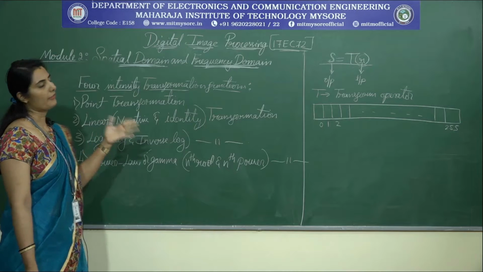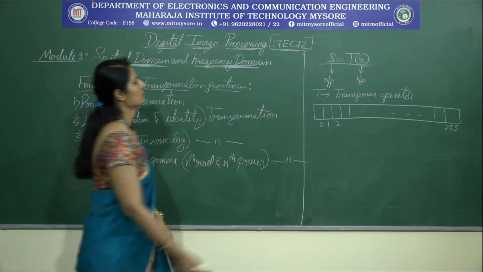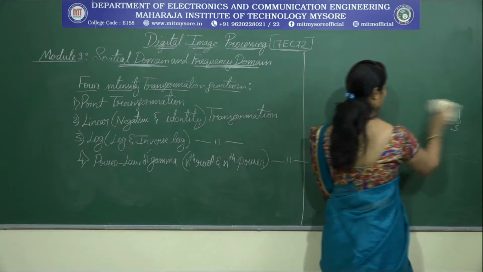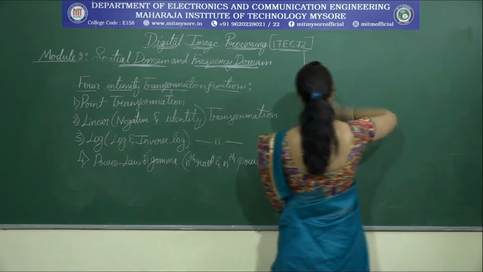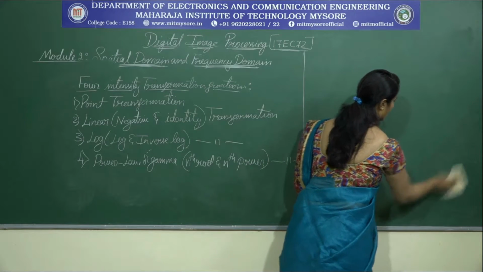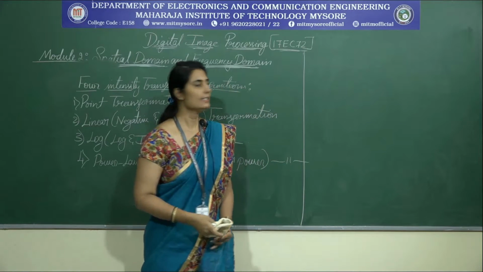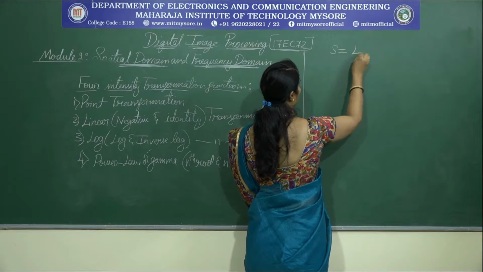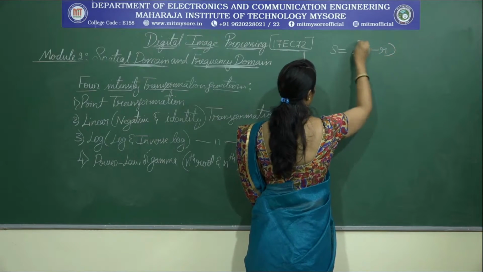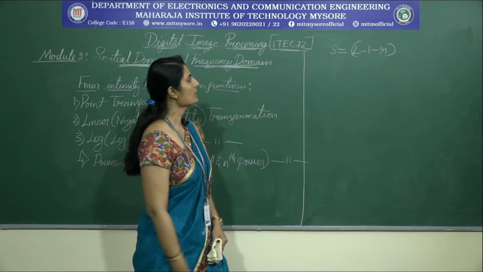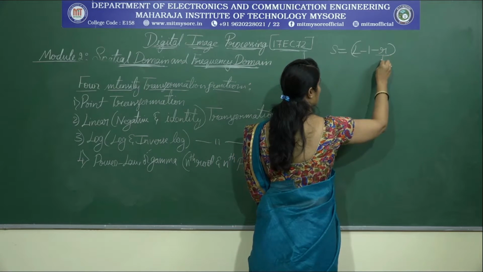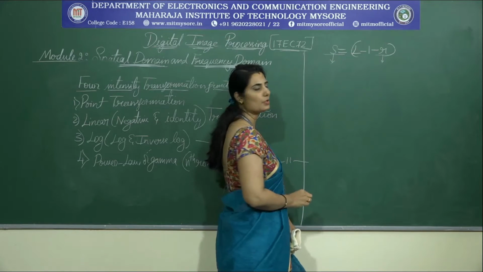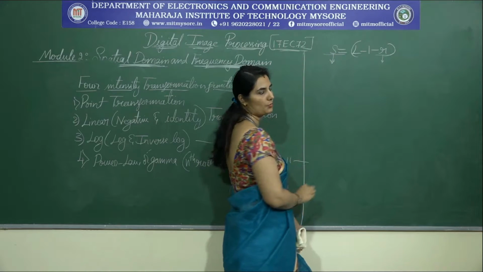Next is linear transformation. The linear transformation is represented by the expression S = L - 1 - R. Here R is the intensity level of the input pixel and S is the intensity level of the output pixel.